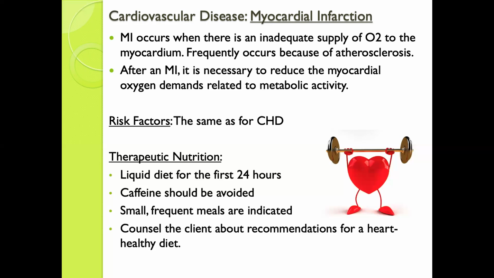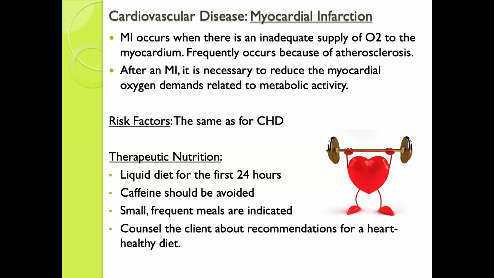After an MI, you usually have to reduce myocardial oxygen demands related to metabolic activity because the heart is permanently weaker, okay? The risk factors are the same as for coronary heart disease, right? Liquid diet for the first 24 hours, avoid caffeine, small frequent meals, and then talk about a heart healthy diet and then changes in your lifestyle, okay?